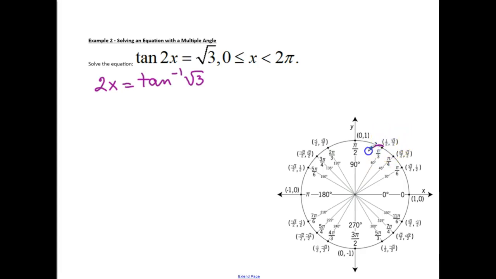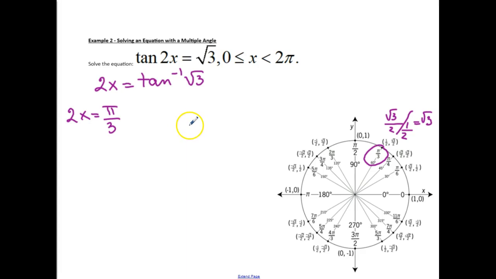So if we check at 60 degrees again, then the tangent is square root of 3 over 2 divided by 1/2. So it is square root of 3. Pi over 3 is one of our answers. We get that 2x is equal to pi over 3.